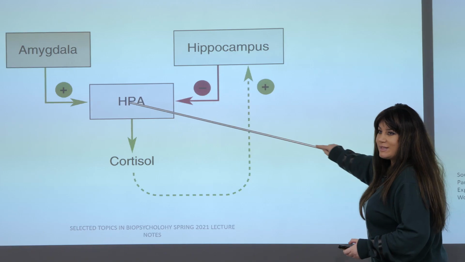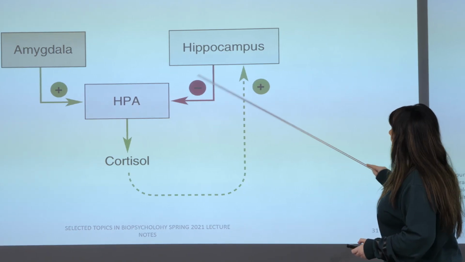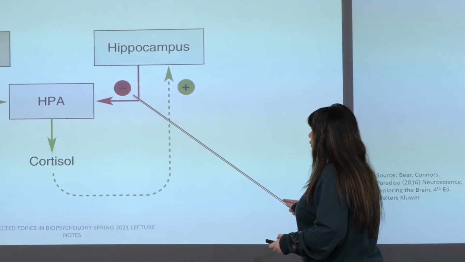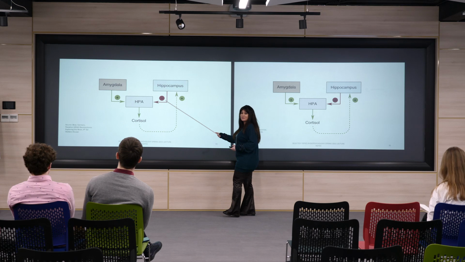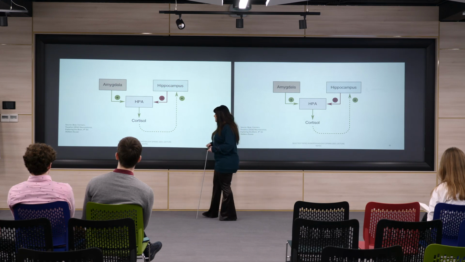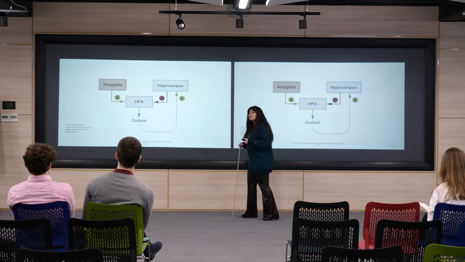From the amygdala, it receives such a signal, and from the hippocampus, it receives a kind of negative signal. That is the source of the negative feedback loop. But if there is a problem here, that will not happen. That problem can happen due to several reasons.